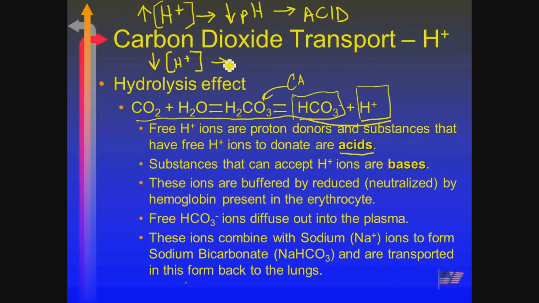So as I increase the hydrogen ions, I end up decreasing the pH, and I would consider that blood to be acidic. Conversely, as I reduce the quantity of hydrogen ions present, I end up raising the pH and having a situation where it's alkaline or basic, if you will.